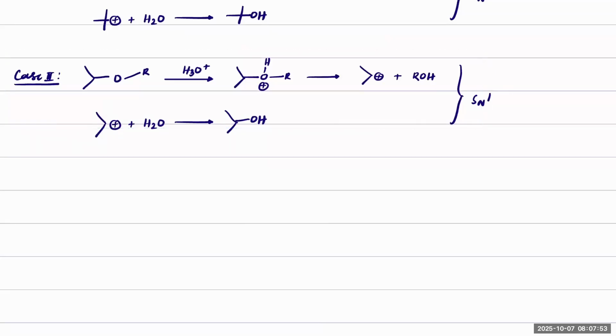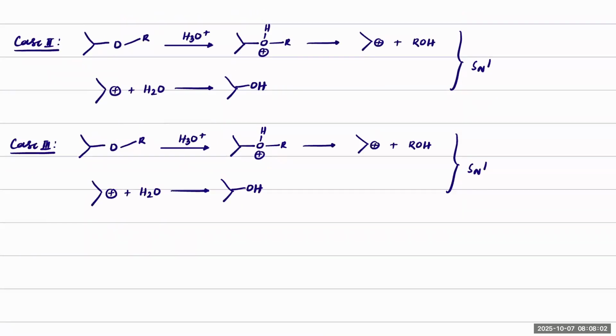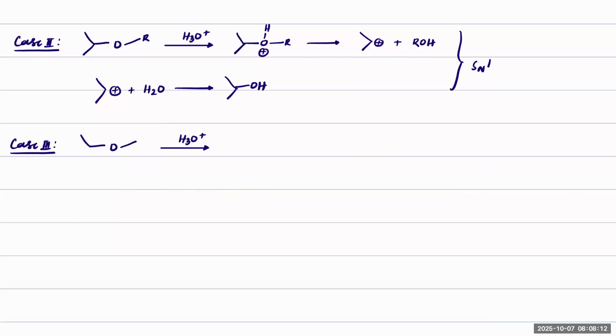Got it? And case 3 is when this R group, on both sides, is an alkyl group like this. So if on both sides we have alkyl groups with 1 degree, here also it is 1 degree and 1 degree. In that case, first protonation will take place like this, and water will attack on the least substituted side.